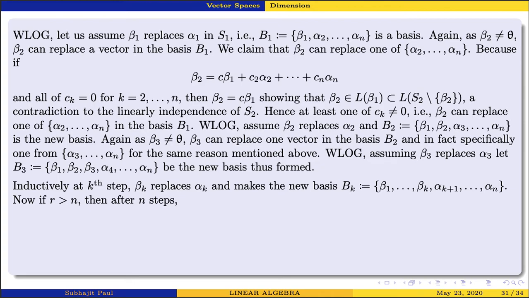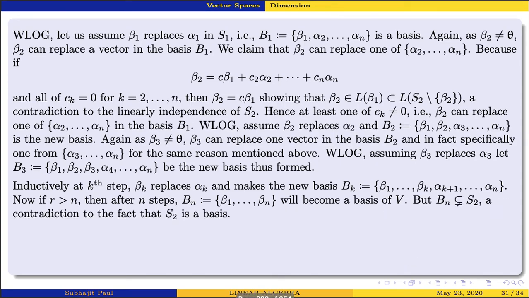Now, if R is greater than n, then after n steps, Bn, beta 1 to beta n, will become a basis of V. It will replace all the alpha vectors from the basis S1. But since R is strictly greater than n, there are definitely some more beta vectors in S2.